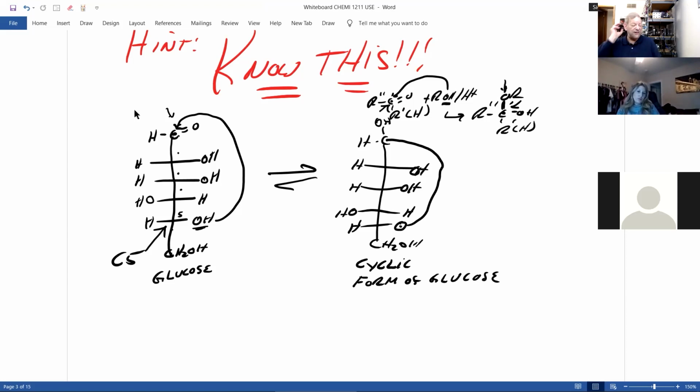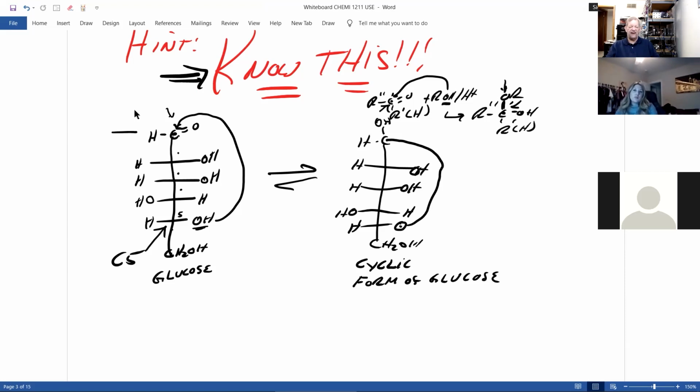And that's how you do it. Let's talk about this again, because notice, hint, you should know how to do this on a test. If I give you glucose and the double arrows and say give the product or products, you should know how to do that. If I give you the product and the double arrows, what's the starting material? All right, here's glucose.